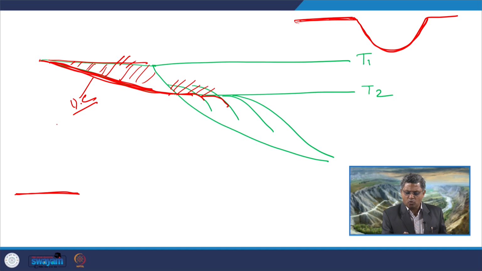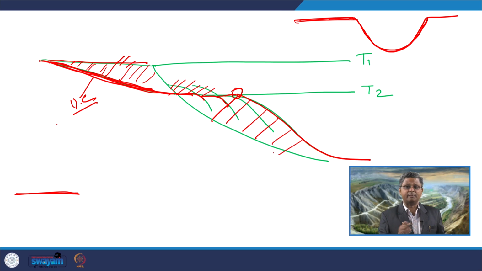But when we try to correlate that with this particular surface, which is the end of fall surface, the correlative conformity, this surface is indicating the deposition of this much of sediments, which were deposited during this phase of fall. So, actually the start of the erosion, which is demarcated over here, is equivalent to this surface.